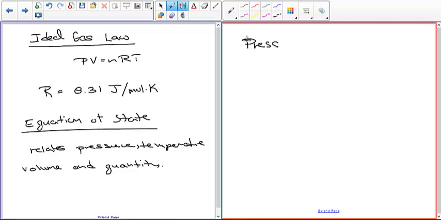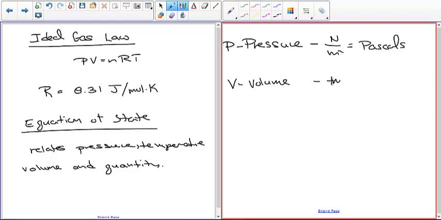So P is pressure, and the units are newtons per meter squared, which is called a Pascal. We talked about that in chapter 9. V is volume, and that has units of meters cubed. And then you have n, which is number of moles.